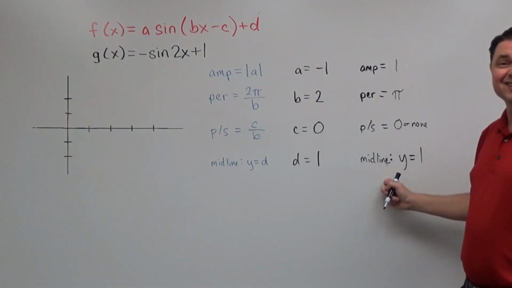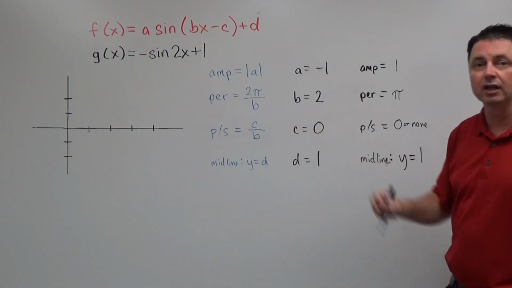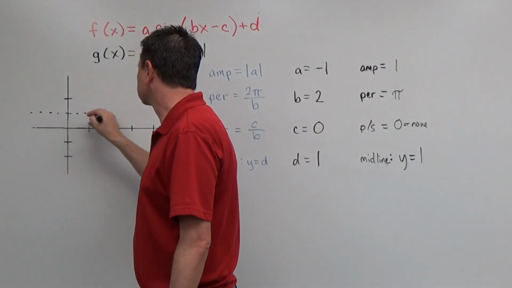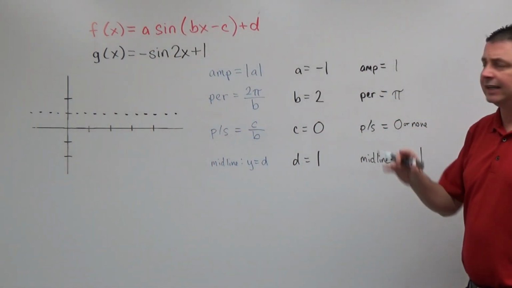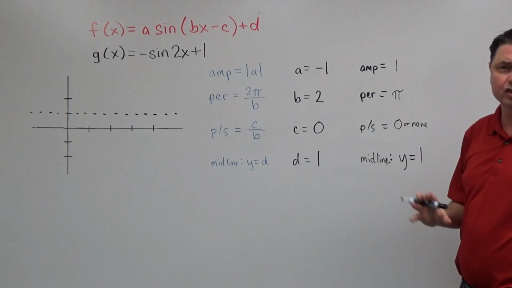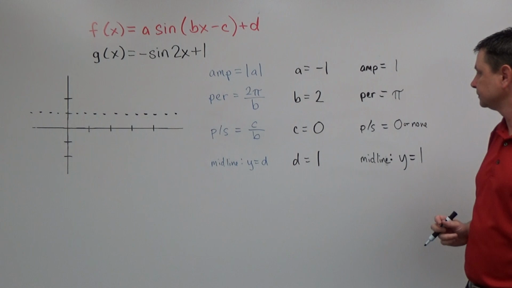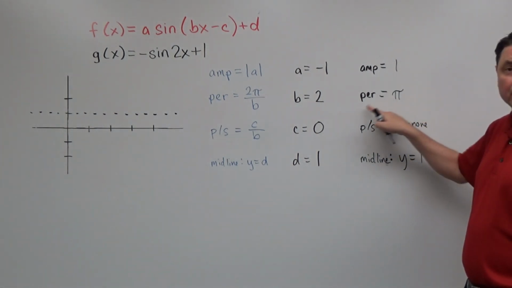So when the midline is not y equals 0, that's the first thing I'm going to draw, the midline of y equals 1. I like to draw it as a dashed line, as it's just there to help the graph. It is not really part of the graph. Next, because there's no phase shift, I should feel comfortable placing the period.